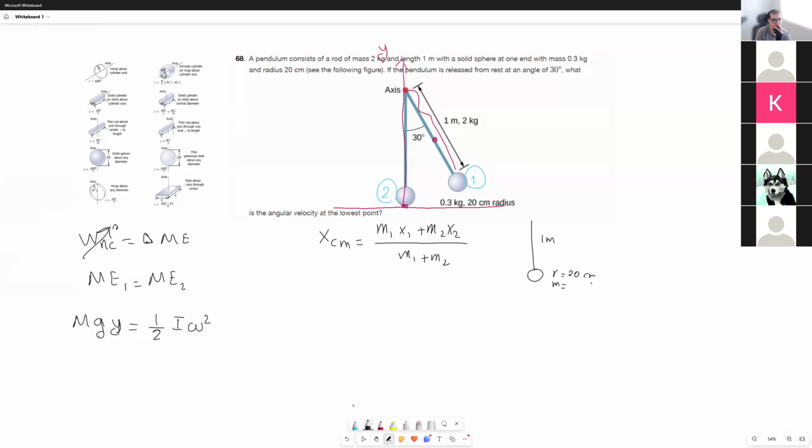So Eric is saying 2 multiplied by 1 plus 0.3 multiplied by 1.1, divided by 2 plus 0.3.